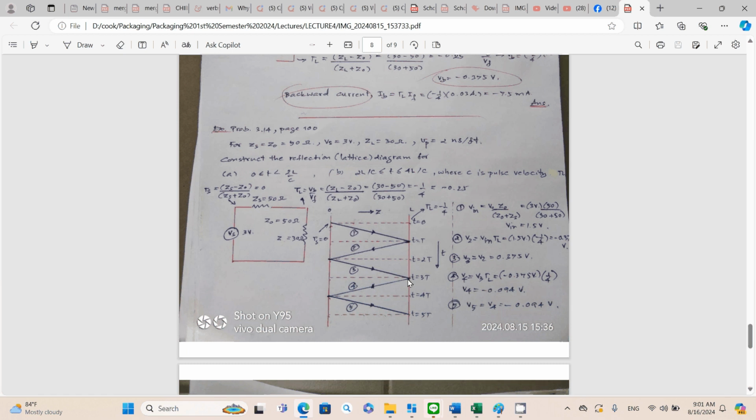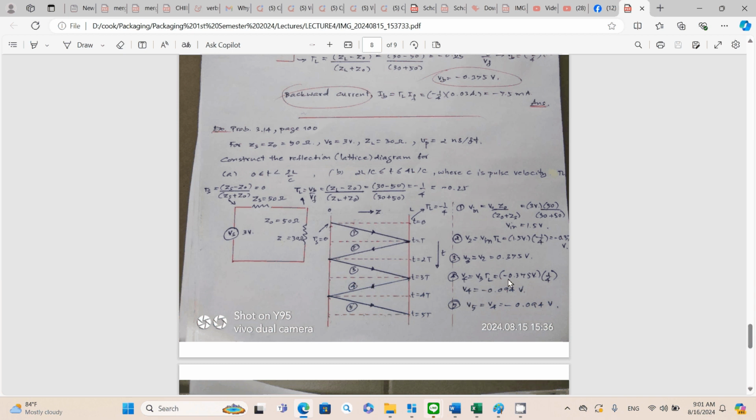Now for T equal to 3T, the signal from the source to the load on line number 3 is also reflected back to the source, and you need to multiply by tau L. I mean V3 multiplied by tau L, which is negative 0.04.